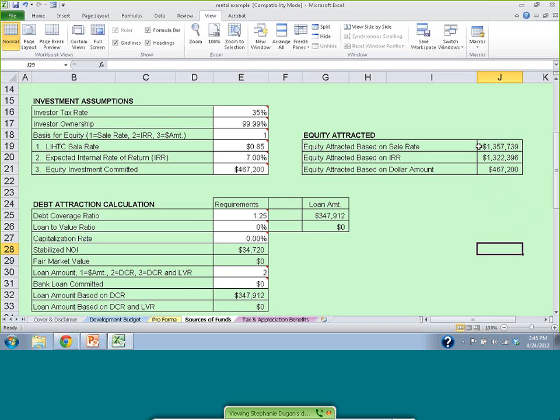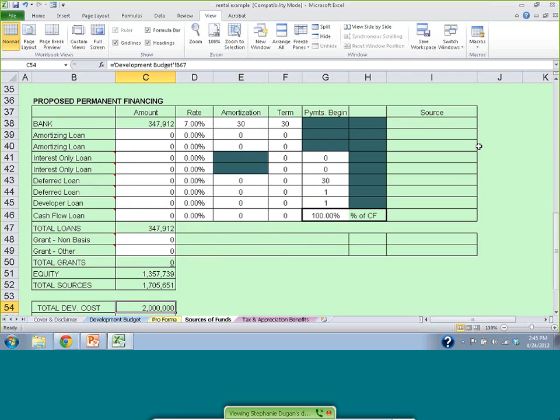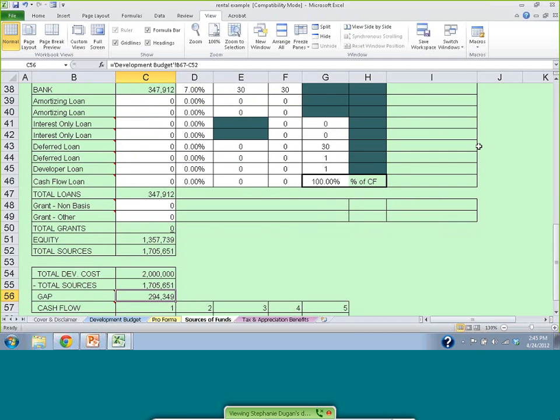So if we've got debt of $347,000, another $1,358,000 in equity, it leaves us with a small gap of $294,000. Maybe we put that in as a deferred loan, and that gets rid of our gap. So we can see very quickly how changing assumptions affects our pro forma.